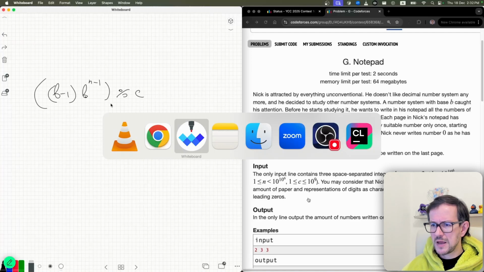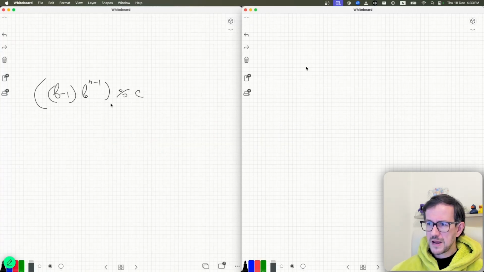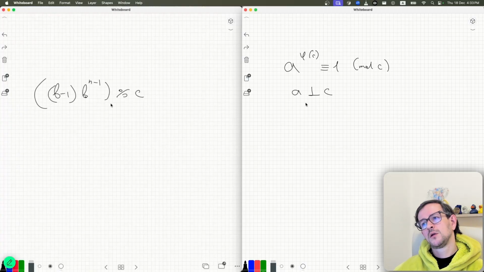I know that any number to the power phi of c should be equal to 1 modulo c if a is coprime with c.